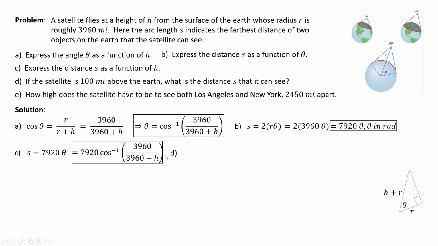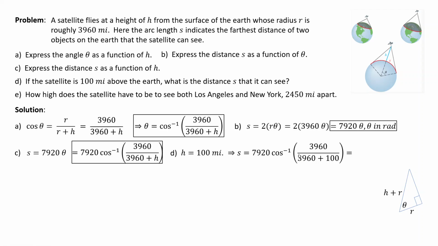Anyway, so let's just replace this h with a 100 and figure out s based on that. H is 100 miles, and so that implies s must be 7920 cosine inverse 3960 over 3960 plus 100. Replace the h with a 100. For this, of course, you have to use a calculator.